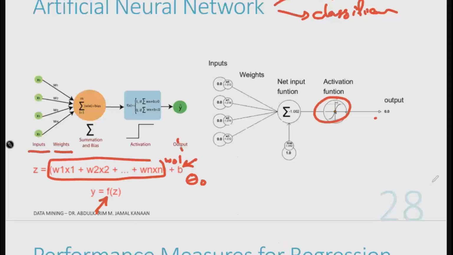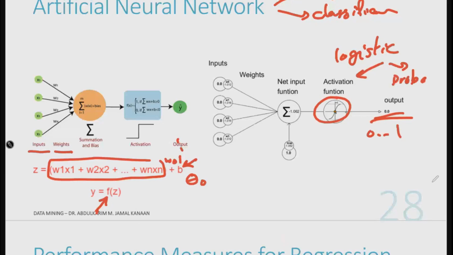The activation function can be a logistic mapping function. In this case, it gives you a value between 0 and 1. There can be other types as well. If you are working on classification, your activation can probably be logistic, because logistic can help you produce a probability between 0 and 1.